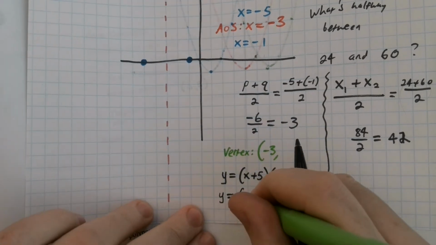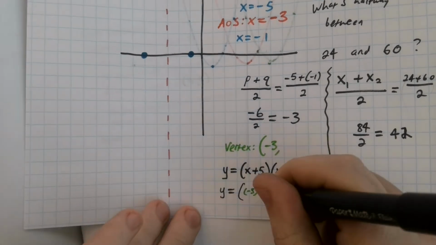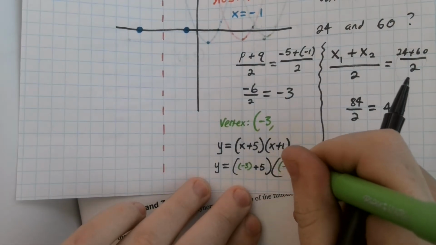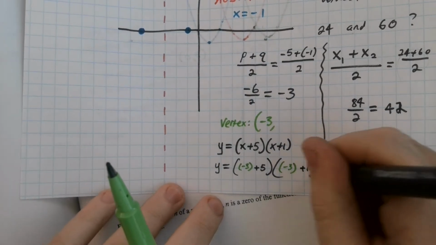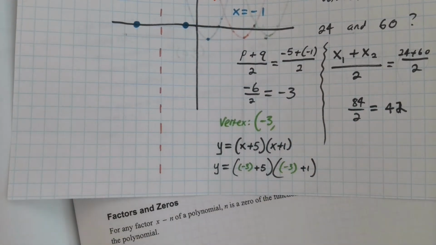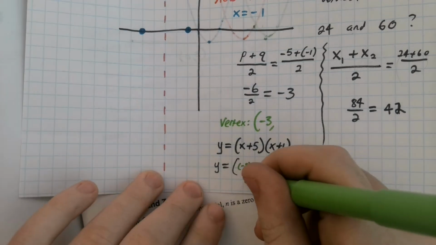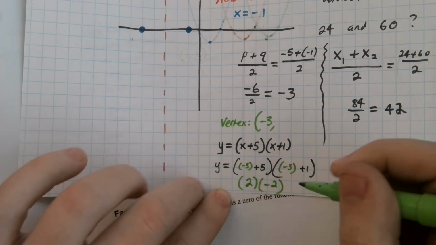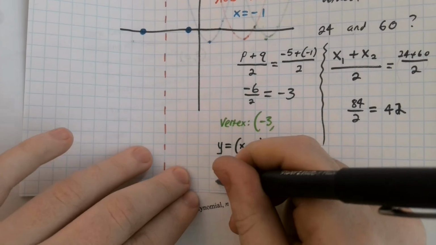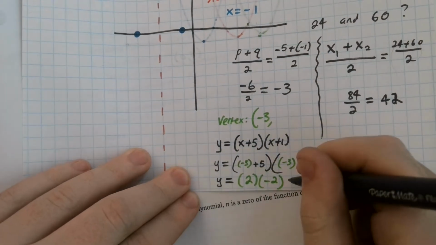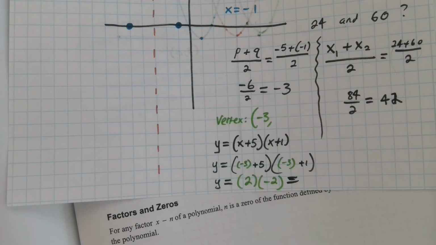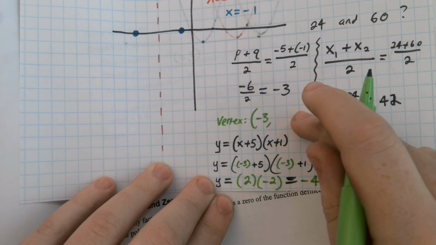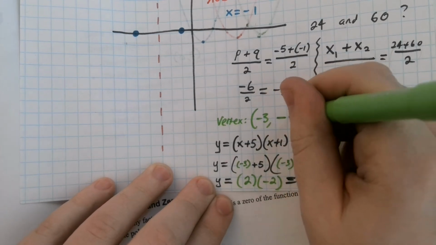So we're going to change out all of our x's for -3. So this becomes -3 plus 5. And this is going to become -3 plus 1. Well, what is -3 plus 5? That's 2. And -3 plus 1 is -2. So our y value is whatever 2 times -2 is. 2 times -2 is -4. So the y value of our vertex is -4.